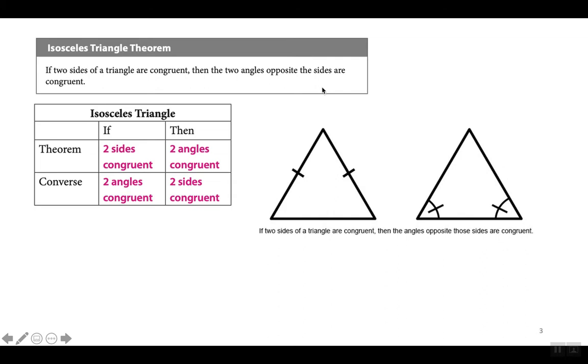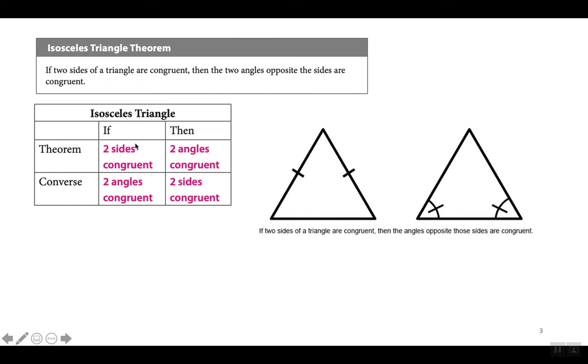So the isosceles triangle theorem says that if two sides of a triangle are congruent, then the two angles opposite the sides are congruent. So if two sides are congruent, then their two opposite angles also got to be congruent.